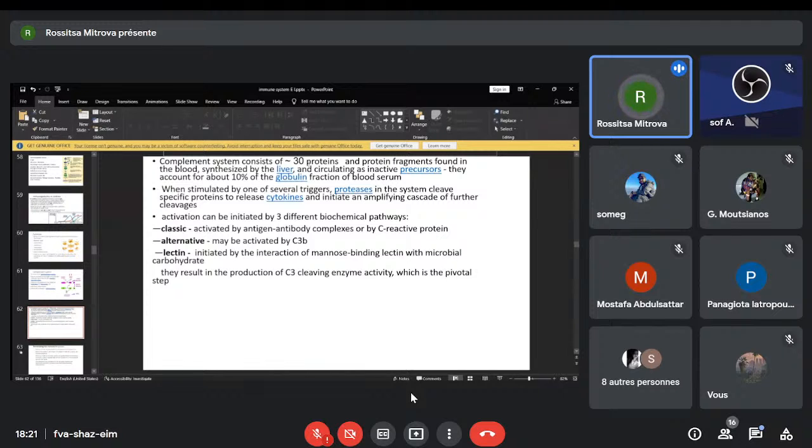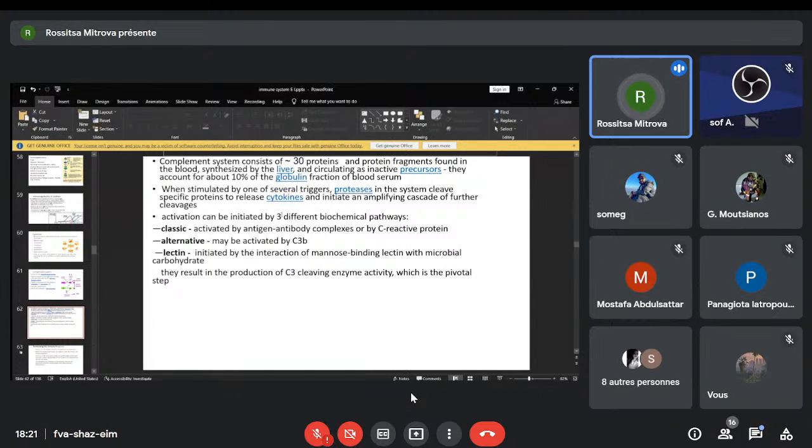They circulate as inactive precursors and they account for about 10% of the globulin fraction of blood serum. When stimulated by one of several triggers, proteases in the system cleave specific proteins to release cytokines and initiate an amplifying cascade of further cleavages.